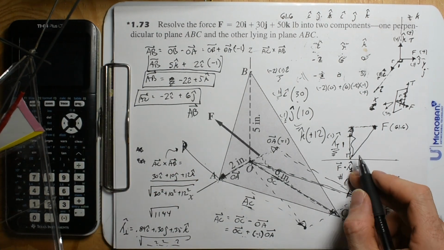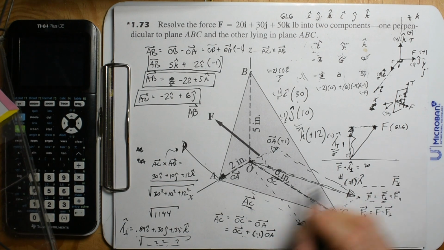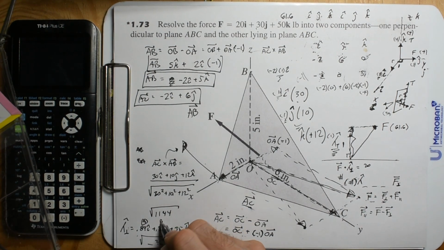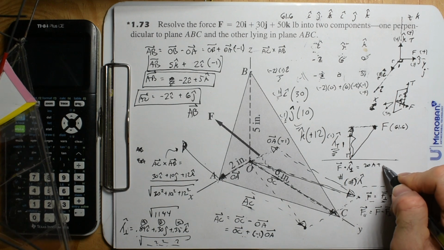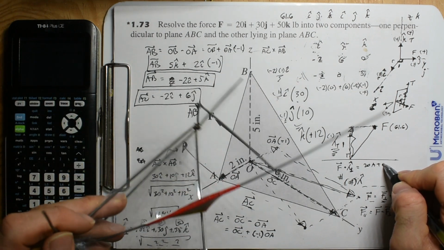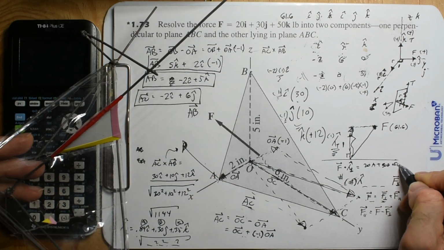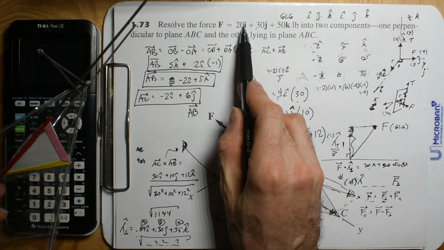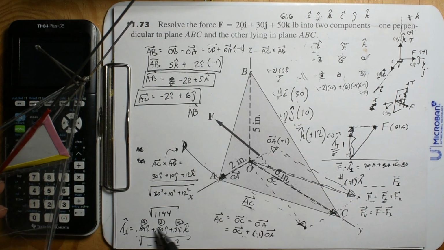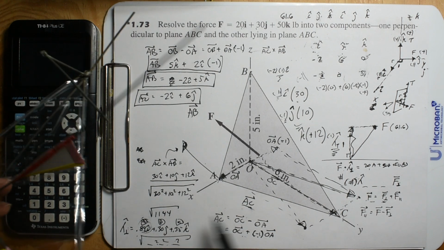So let's juice this out. The dot product is taking this 20. I'm going to say this is A, B, and C because that's what I have in my calculator. So we're going to do 20A plus 30B plus 50C. Again, dot product is just the component in the i direction multiplied by the component in the i direction.